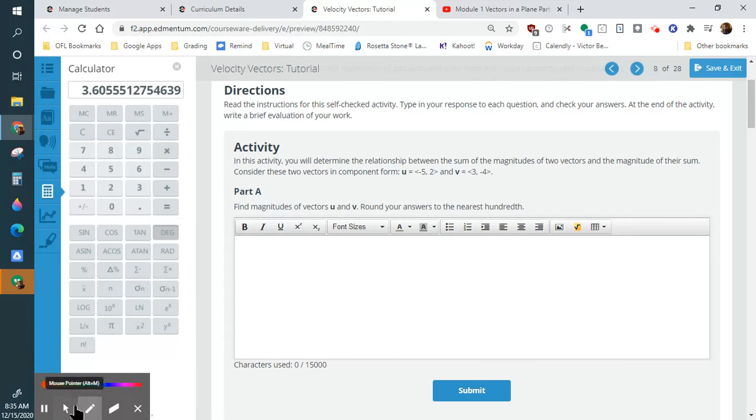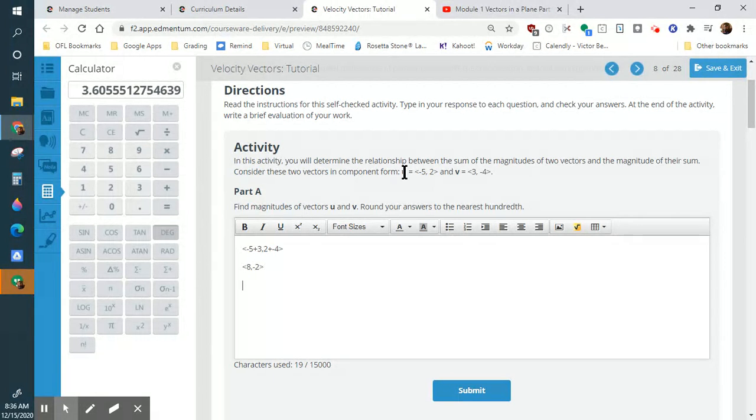So if we're typing this in, we would type it in as, let's have our vector here, and we would do -5 plus 3, comma, 2 plus -4. And that would result in a vector of 8, comma, -2.